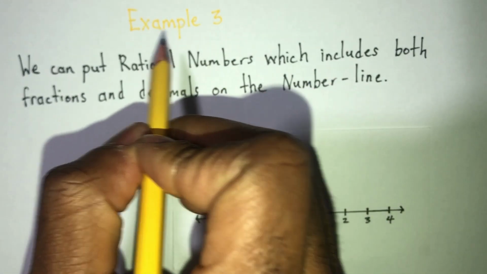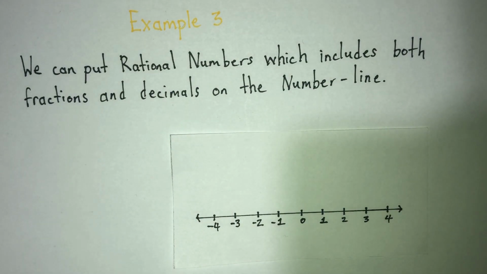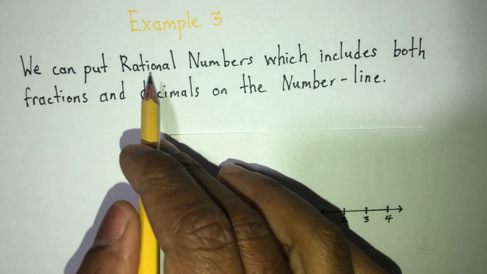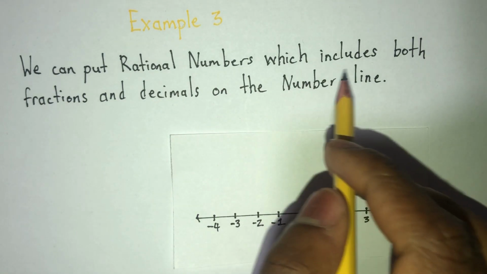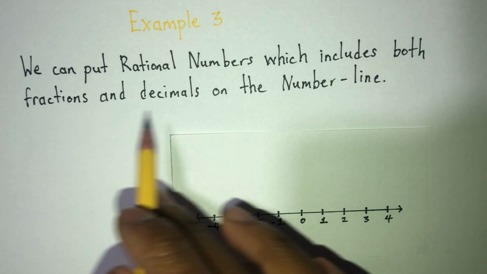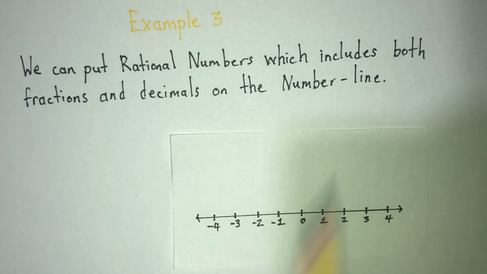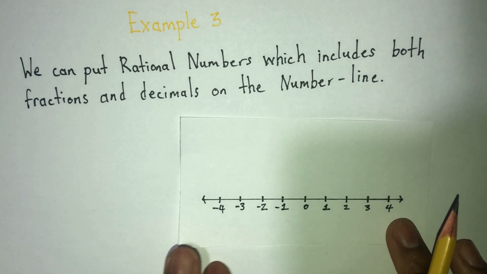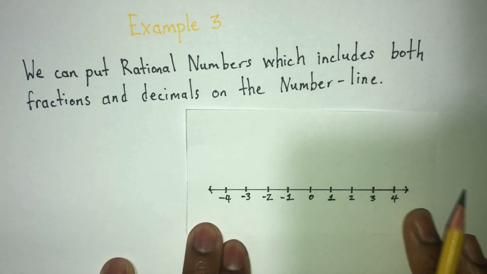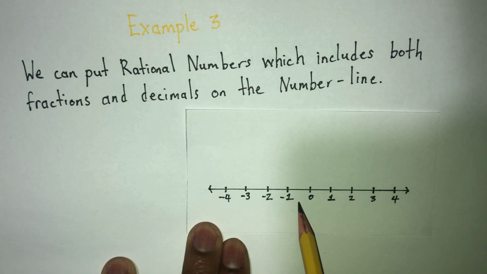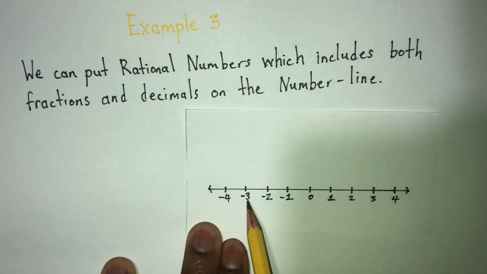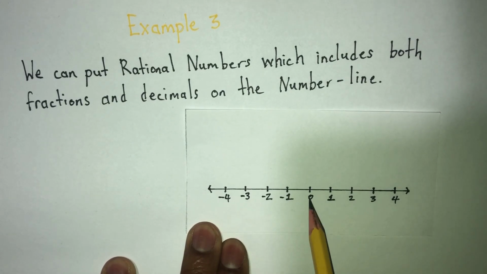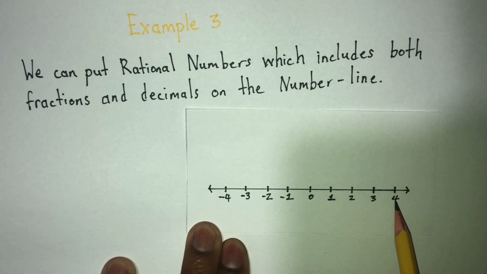Let's look at example 3. We can put rational numbers, which includes both fractions and decimals, on the number line. So let's look at our number line. To the left of 0, we have our negative numbers, and to the right of 0, we have our positive numbers.